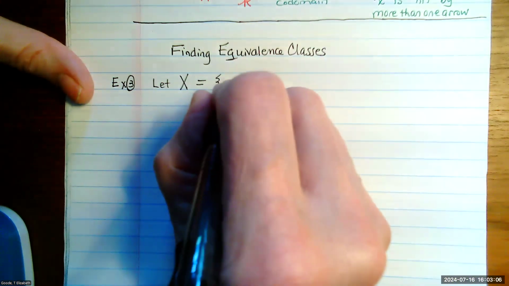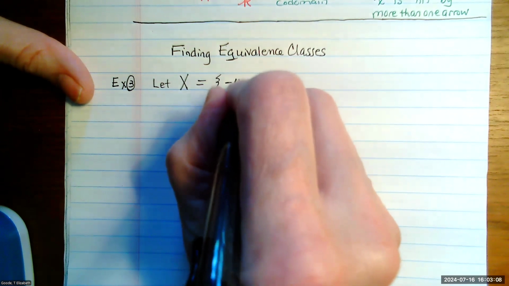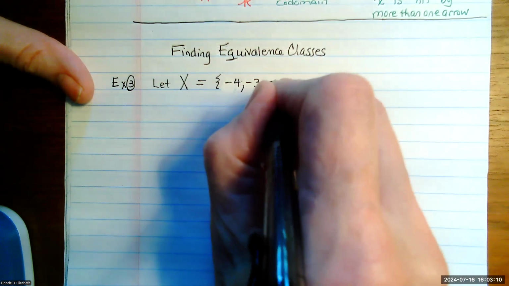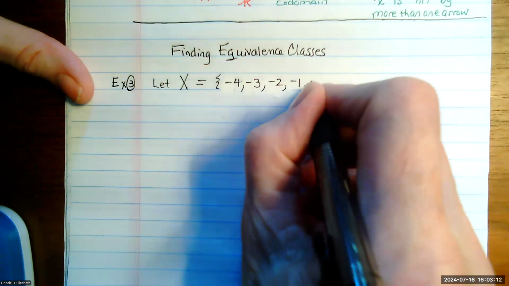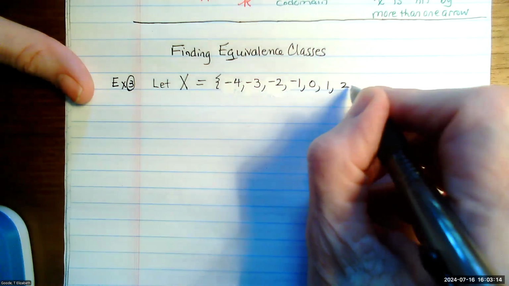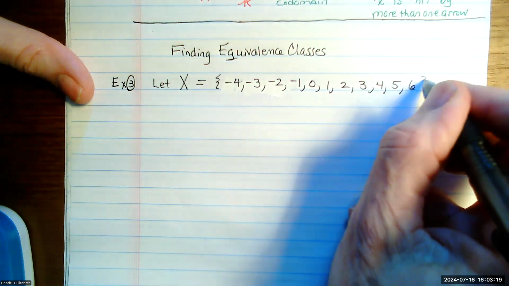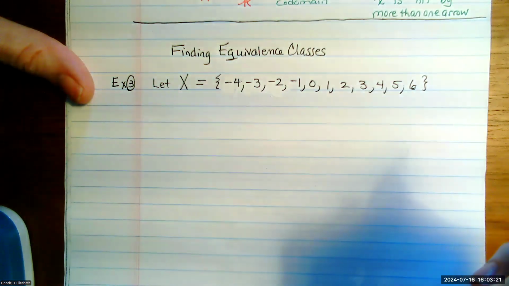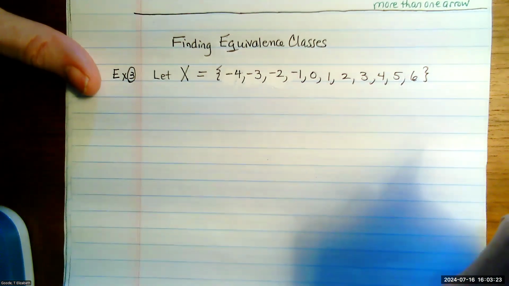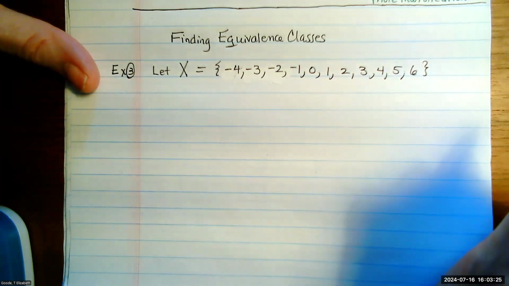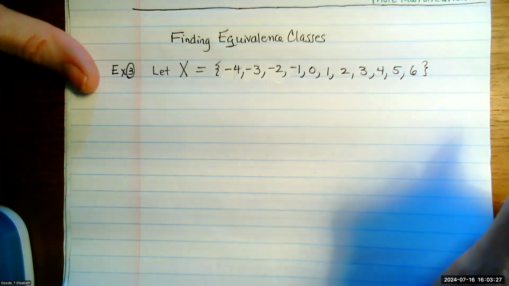All right, so let's go from -4, just to be extra careful. In the WebAssign example, was the divisor 3 or 2 or 4?